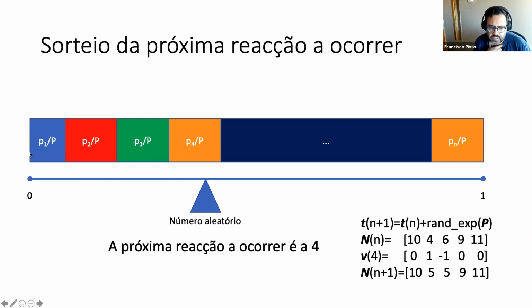Okay, so you can arrange these propensities in a vector, and you generate a random number, and the position of that random number between 0 and 1 is going to define which process will occur. So in this case, this is the random number, and it will hit this rectangle. So from 0 to 1, the frontiers between the rectangles are dictated by the propensity of each process divided by the total propensity.